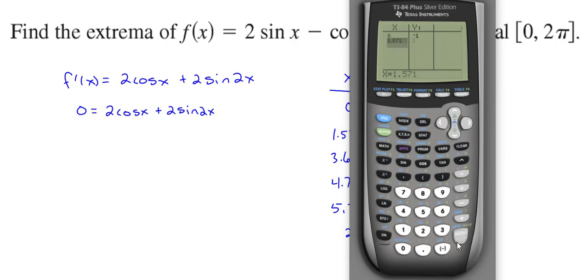And some change. And some change. Wait, what, 759? And then 2 pi.